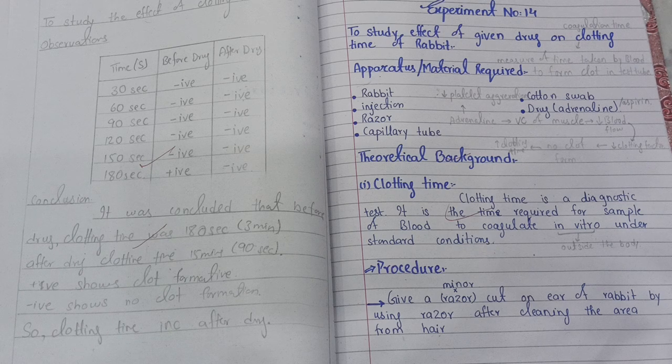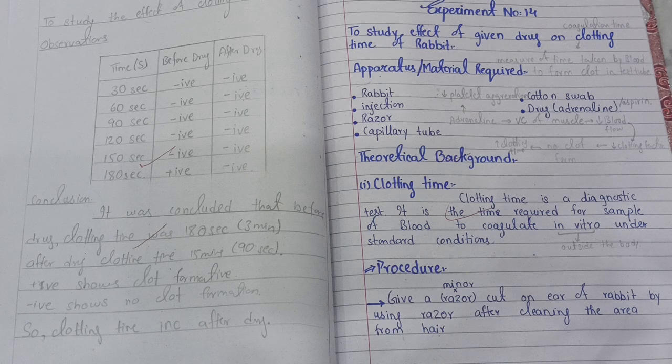If you feel some kind of thread formation, then that is your clotting time. If you do not feel any thread formation after breaking the capillary tube into two parts, you have to wait for some more seconds. So this is the clotting time, in which we take blood out of the rabbit and measure the clotting time in the capillary tube.